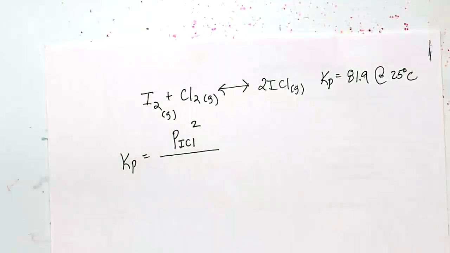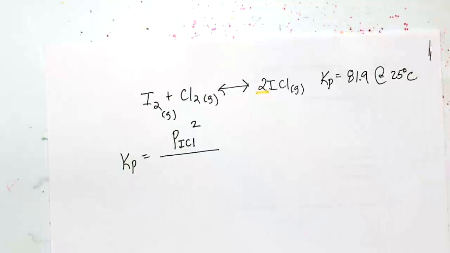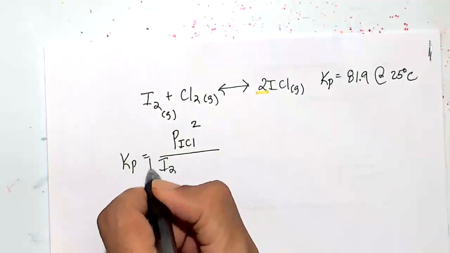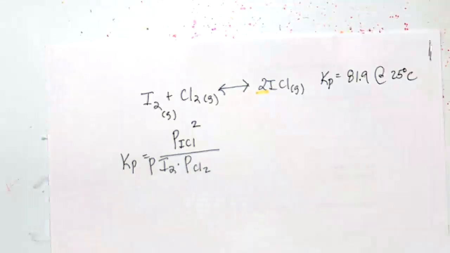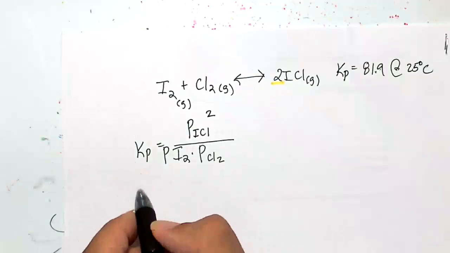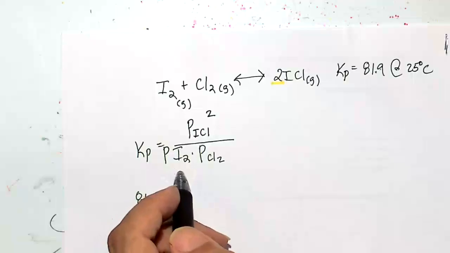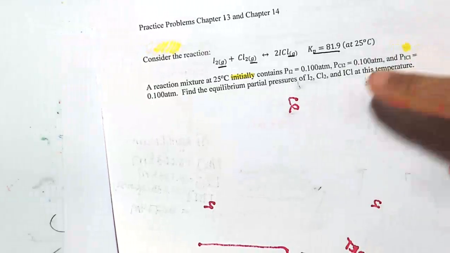Why do we square it? Because the equation was balanced and we have a 2 here. Divided by the pressure of I2 times the pressure of Cl2. Okay, so 81.9 equals that. What is the pressure of ICl? Iodine monochloride.